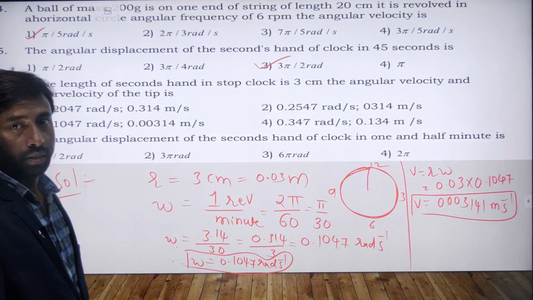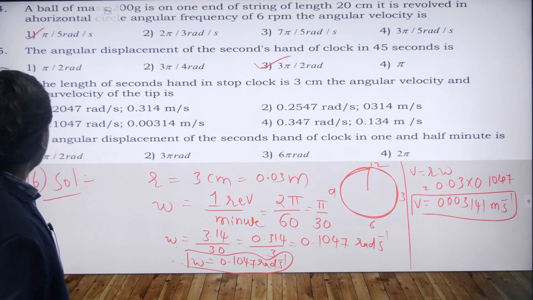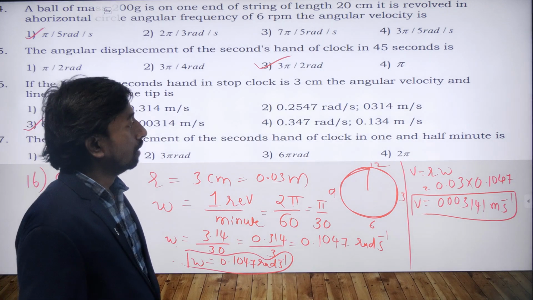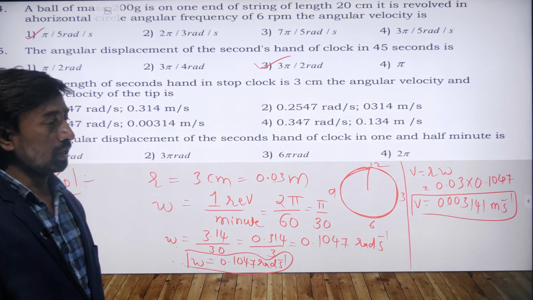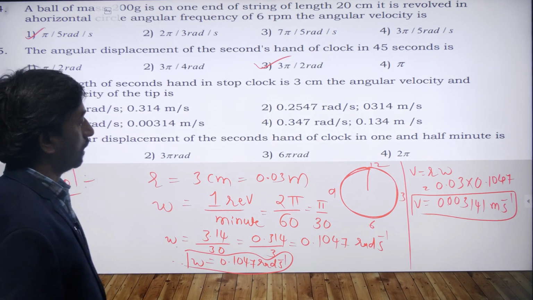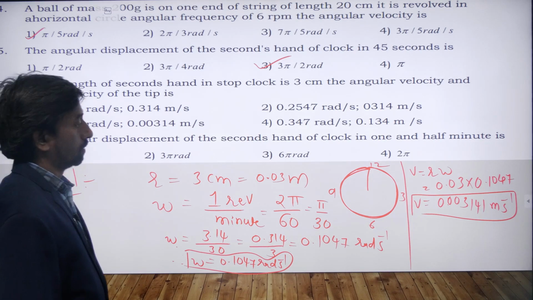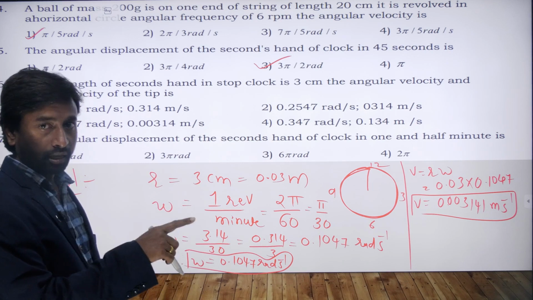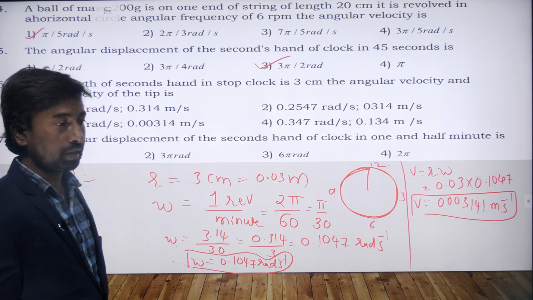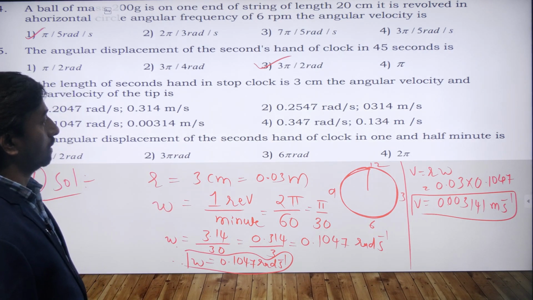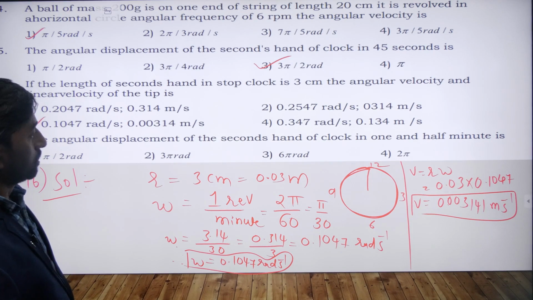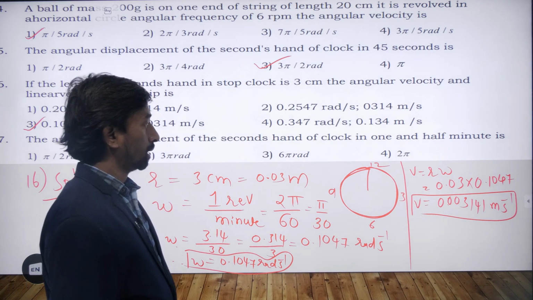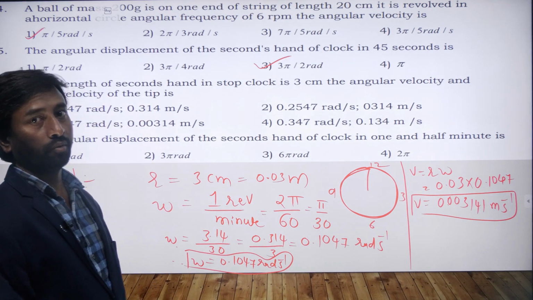Now the second question is asking for the angular displacement of the seconds hand of the clock in one and a half minutes. 1.5 minutes means how many revolutions will it make? For 1 minute it completes one full revolution, and in half a minute it completes a semicircle, one more half rotation.